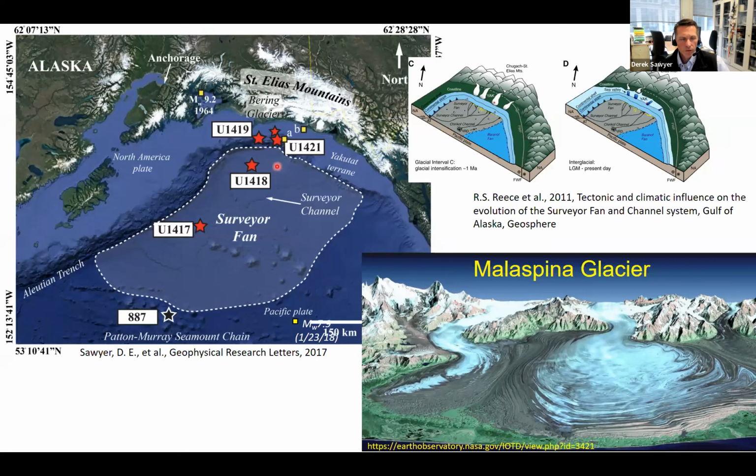So we have the opportunity to see a seismically active plate boundary, and then a high sedimentation fan on top of it. These red stars are the locations of an IODP cruise that systematically cored this profile and of course measured shear strength.